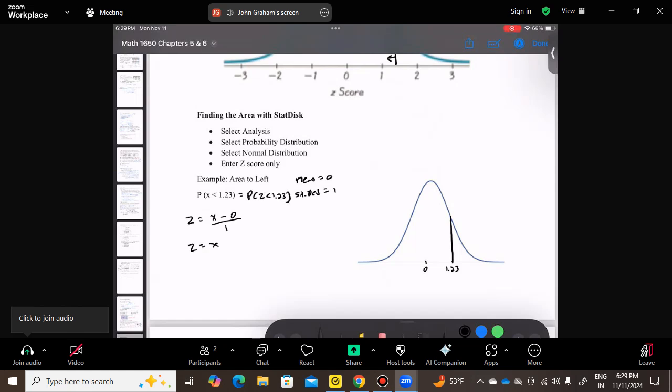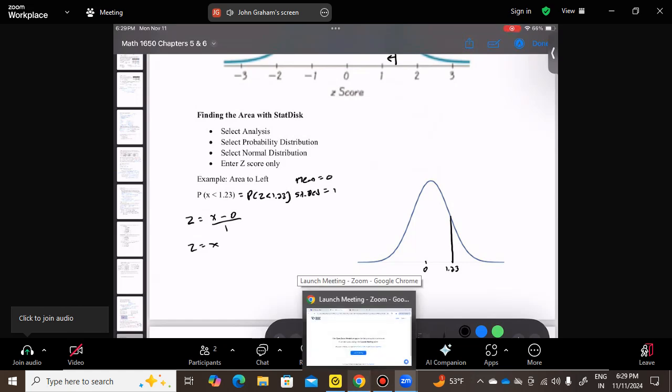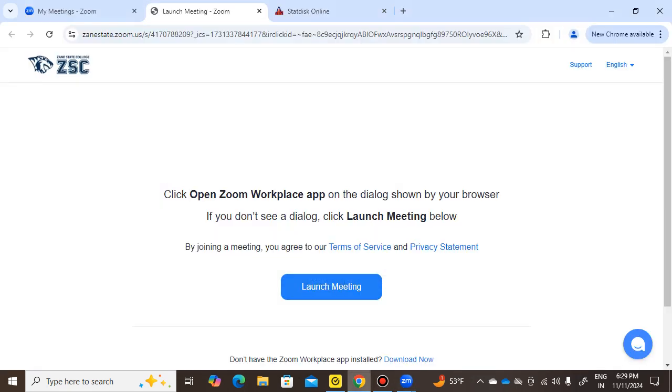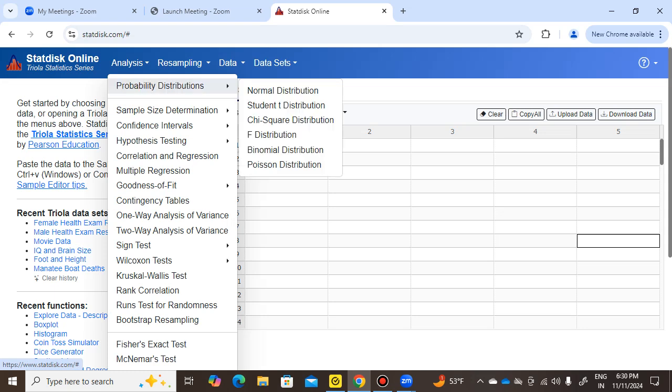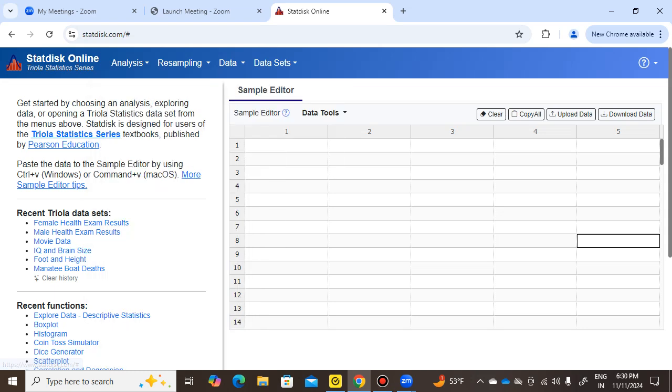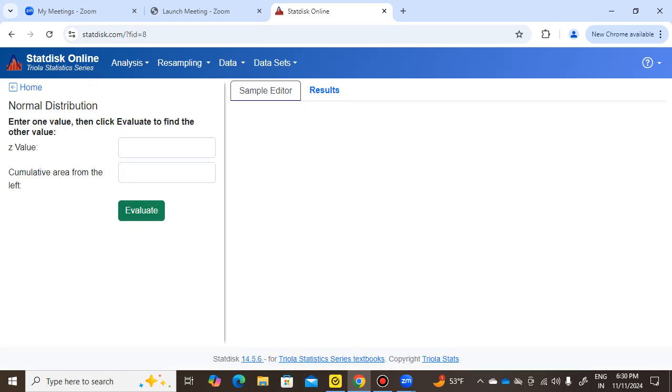Okay, so let's get into StatDisk. We're going to go to Analysis, Probability Distribution, Normal Distribution. So Analysis, Probability Distribution, Normal Distribution. And then it should come up.